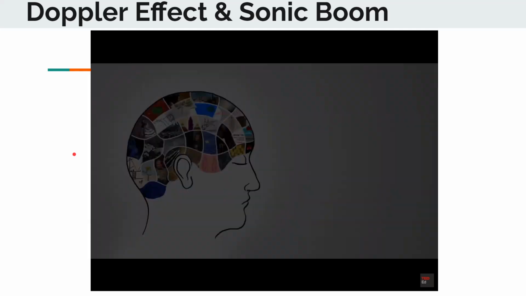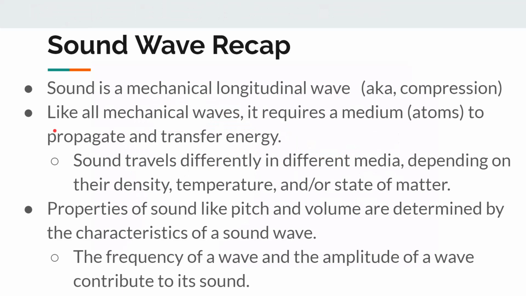So again, you saw the Doppler effect in there, as he was also talking about the sonic boom. You're going to have other videos to watch in the assignment today, so you can look at those too. But just to recap, sound is a mechanical longitudinal wave, so it's got areas of compression and areas of rarefaction. Like all mechanical waves, it requires a medium made up of atoms, some kind of matter, to propagate and transfer energy.